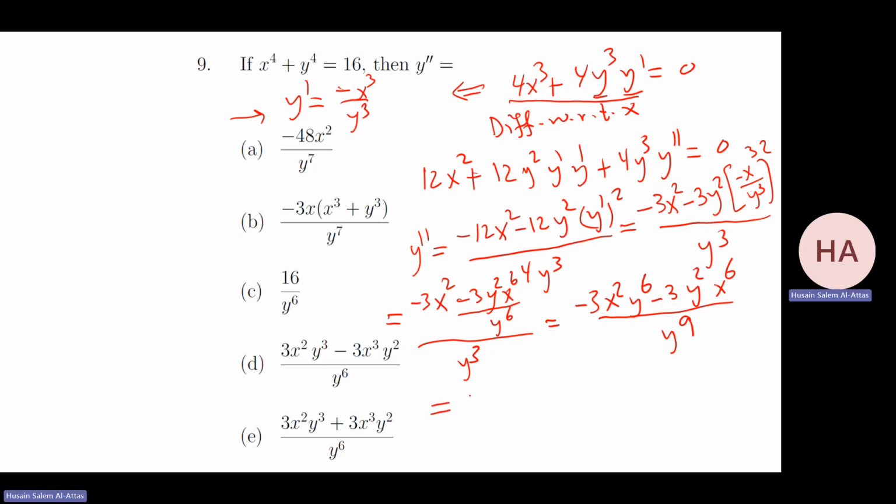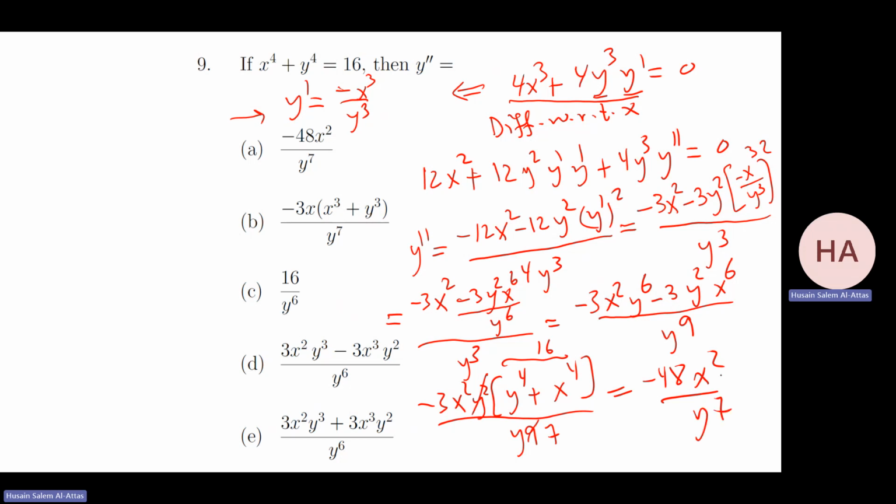I can take minus 3x squared y squared as a common factor. I have y to the power 4 plus x to the power 4 over y to the power 9. This is cancelled, the remaining is 7. This is 16. So I have minus 48x squared over y to the power 7, which is the same idea.